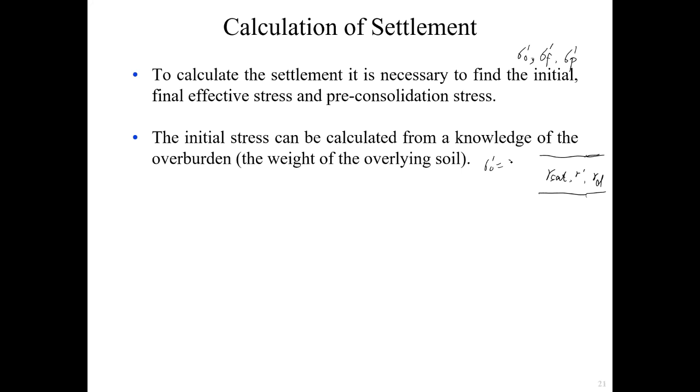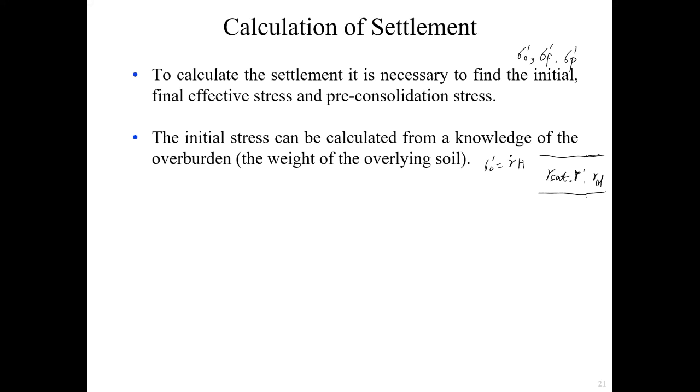So sigma O prime equals gamma times H. Here you have to be careful. Sometimes if you have a water table, then you need to use the submerged or effective unit weight. If there's no water table, then you just use either the saturated or the dry unit weight according to the different type of soil.